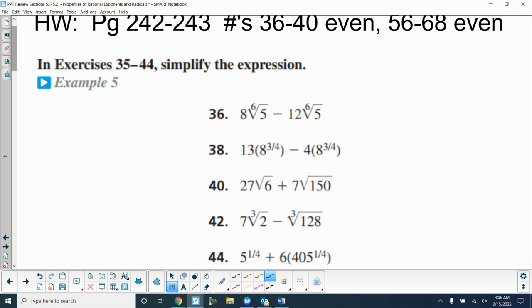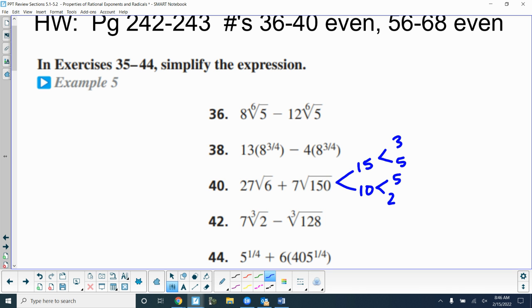Okay? 40, you have to simplify the 150, and you end up getting 62 times the square root of 6. Everybody need to see 40? You want to see that? Sure. All right. So for the 150, let's just go 15 times 10. And then 2 and 5, and 5 and 3, right?